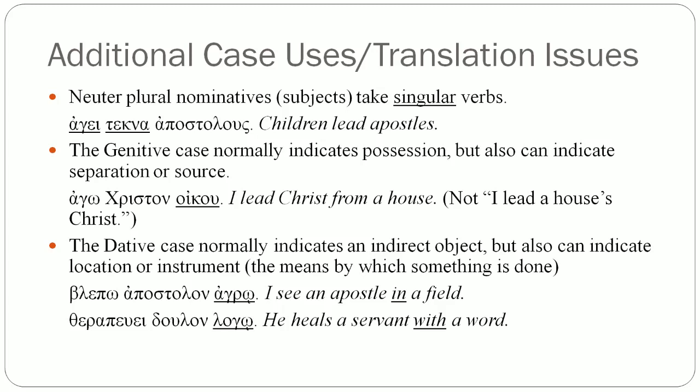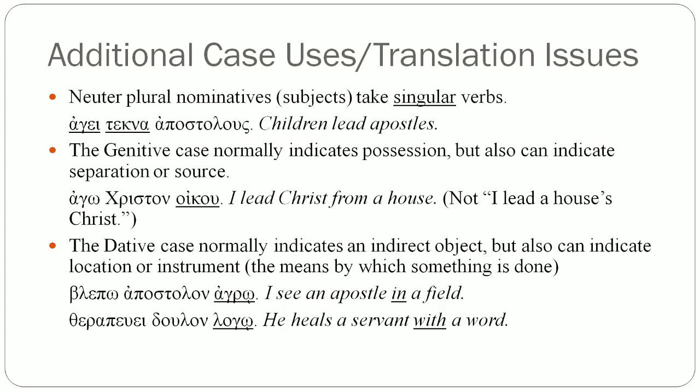The instrumental dative, you translate this with "with" or "by." So here, therapue doulon lago. Therapue, he heals. Doulon is accusative, therefore that's what's getting the healing. He heals a servant. Lago. Notice here you can't translate "to."